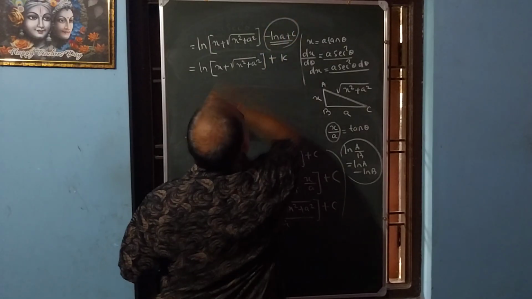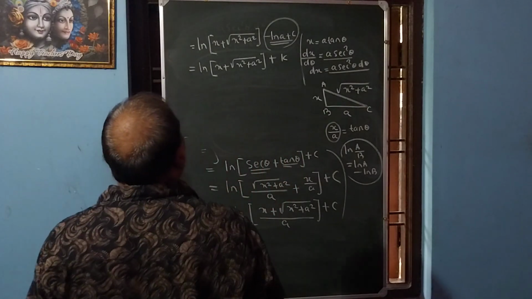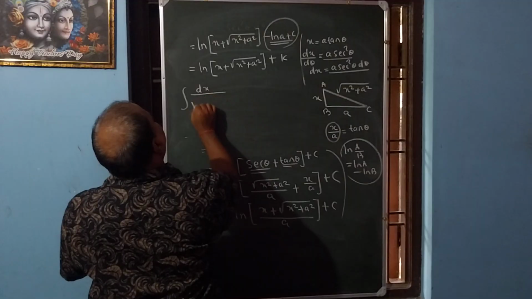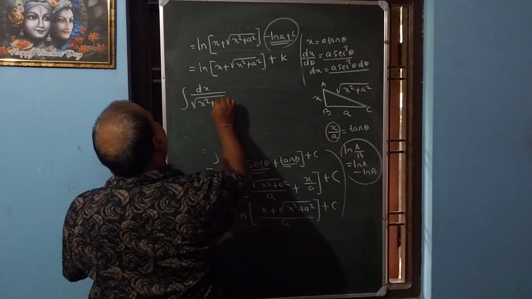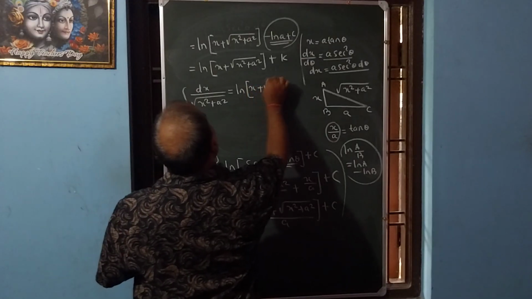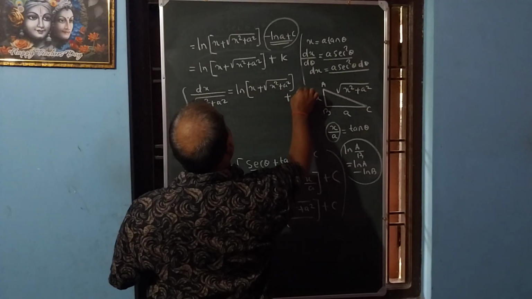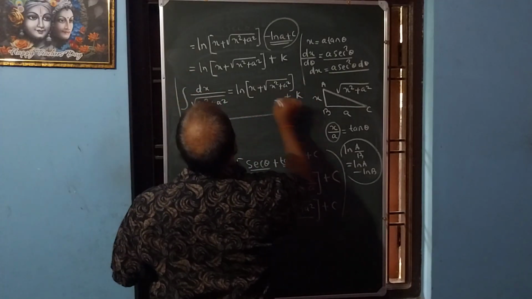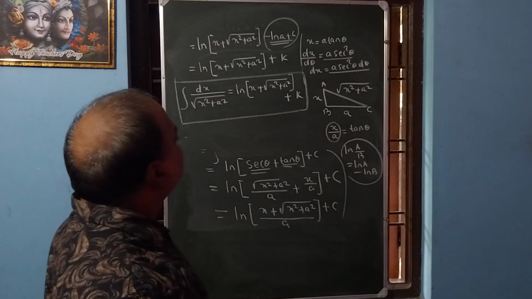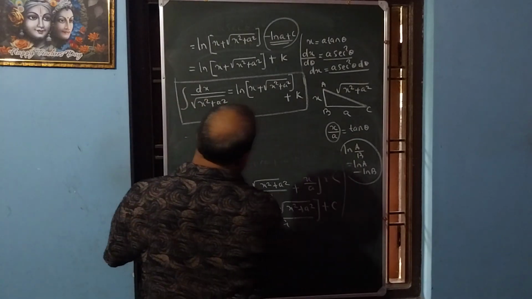So remember, integration of dx by root over x square plus a square is equal to ln of x plus root over x square plus a square, plus k, where k is the integration constant. Remember, this is one important formula. So using this formula, how can you integrate some problems? Write down one example.